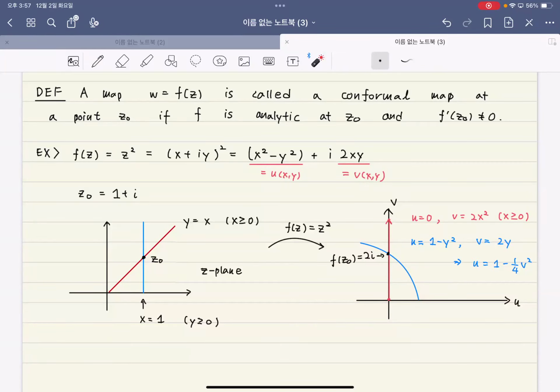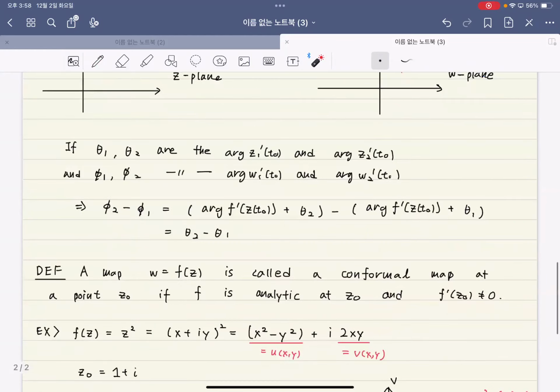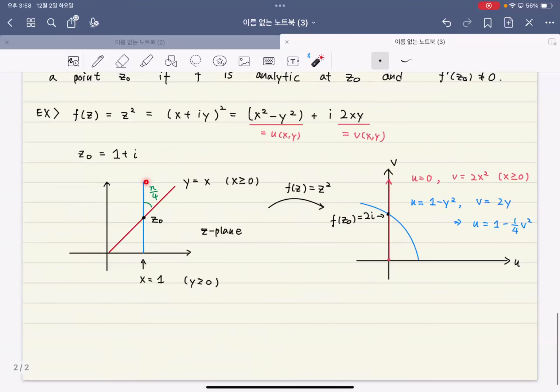And as you can clearly see from this picture, the angle between these two is 45 degrees, or pi over 4. And so this is the argument of this point. The order of the arguments is also unchanged, right? Because this one is positive and this one is also positive. The argument of this one was assumed to be greater than the argument of that one, and the same is true in this picture on the range of this function.